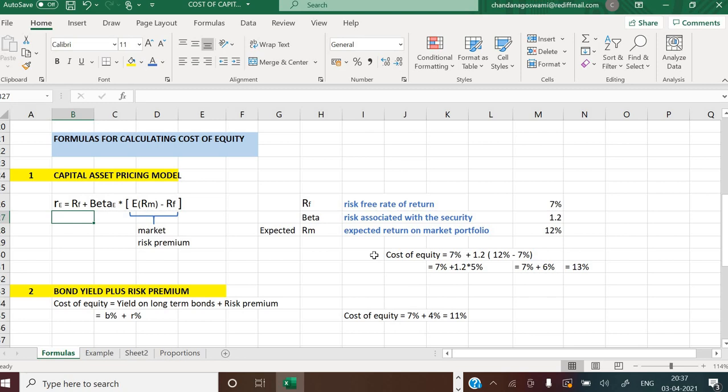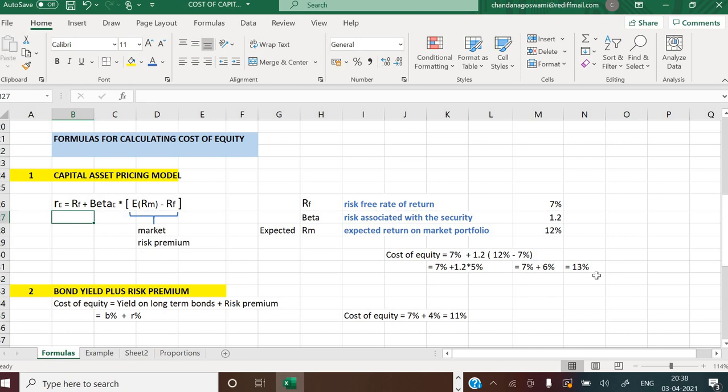Beta I have taken as 1.2, and my market risk premium is 5%. How did I get 5? This 12 minus 7%. So when I work it out, my cost of equity comes to be 13%. So this is one way of calculating the cost of equity.